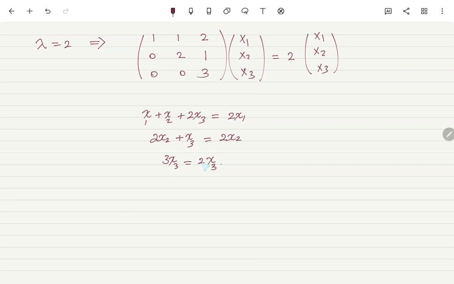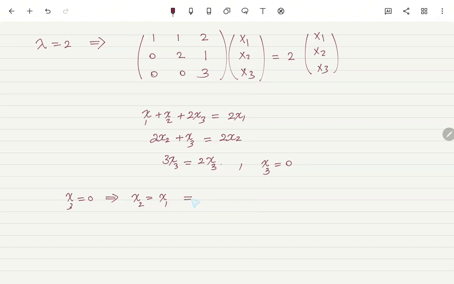Looking at the third equation, it cannot be satisfied unless x3 equal to 0. So if we set x3 equal to 0, then x2 equal to x1.